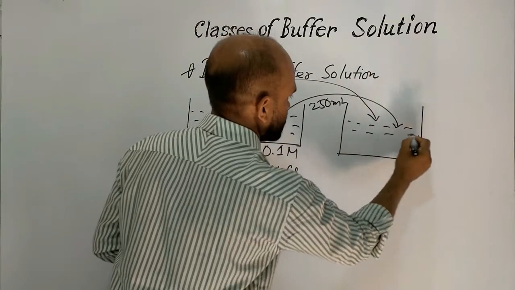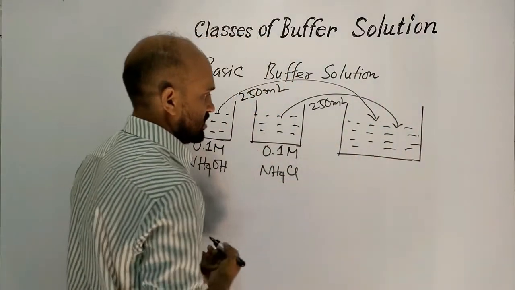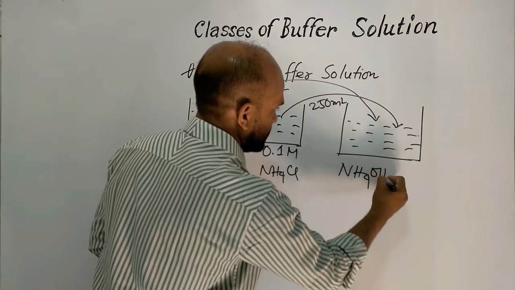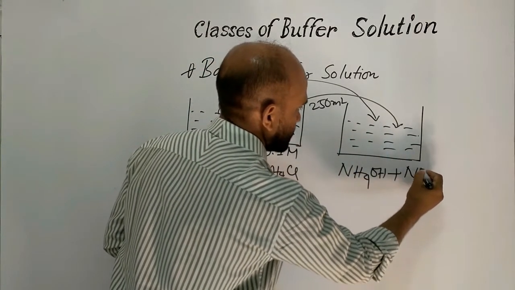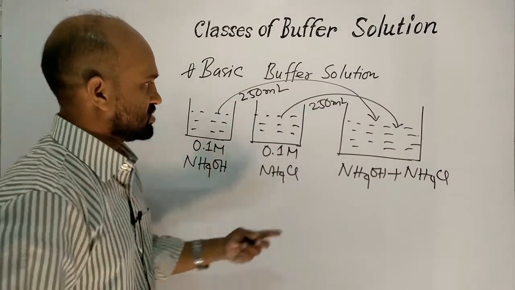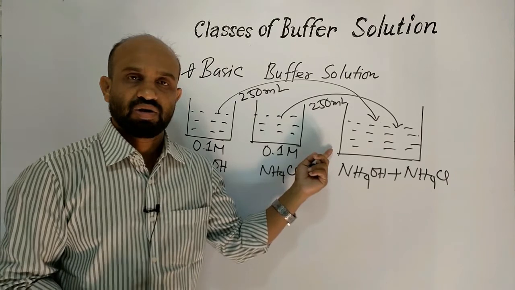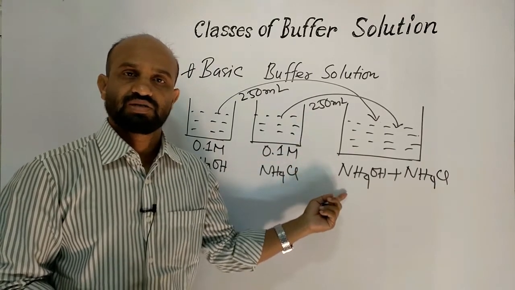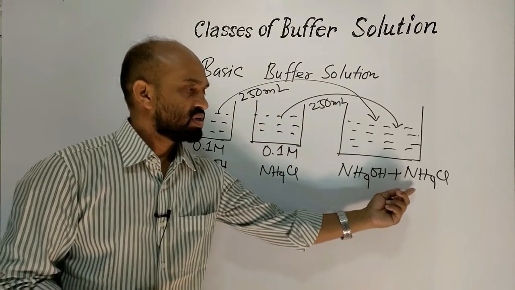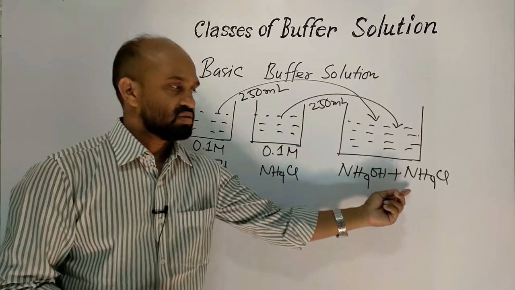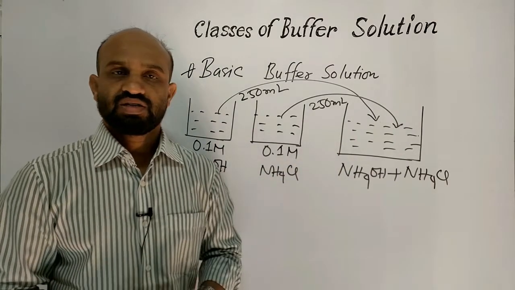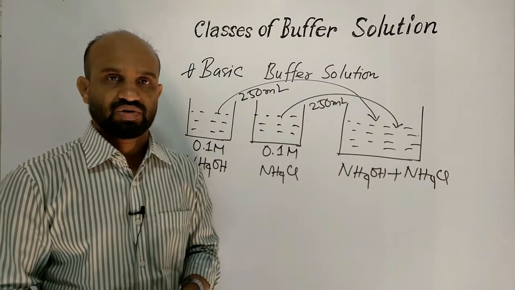We got a solution where ammonium hydroxide and ammonium chloride are present. That means it's a mixture of weak base ammonium hydroxide and its acidic salt ammonium chloride. As it contains base, that is why it's a kind of basic buffer solution.